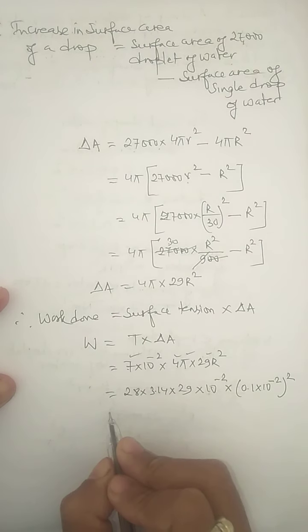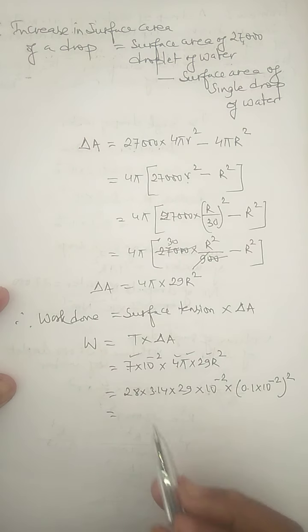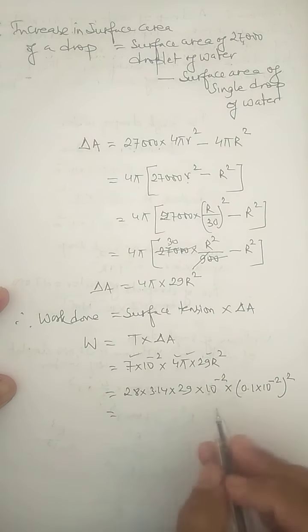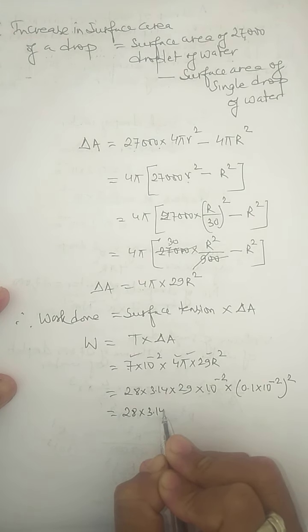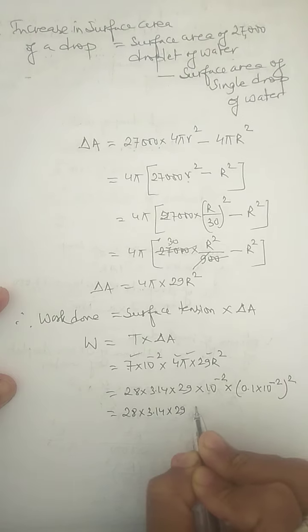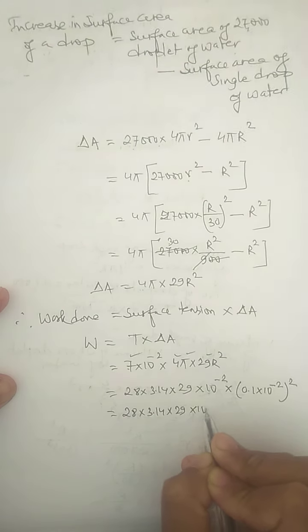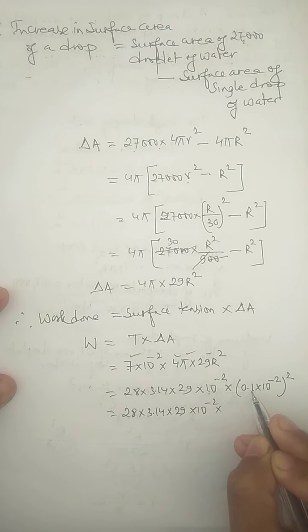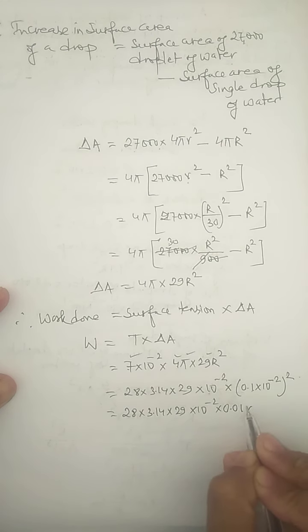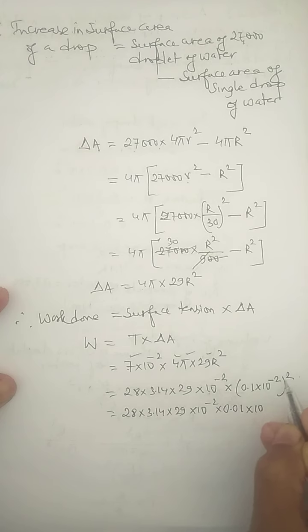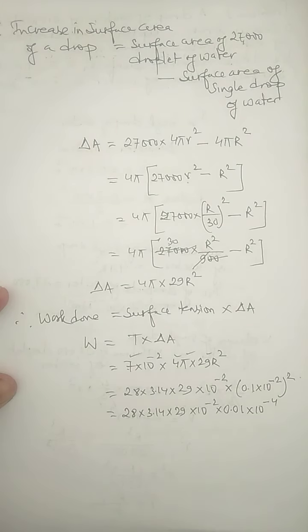Now let's do the calculation. Before that, let me just write down 28 into 3.14 into 29, into 10 to the minus 2. Now 0.1 squared will be 0.01 into 10 power minus 2. The 10 to the minus 2 and 10 to the minus 2 means minus 4.